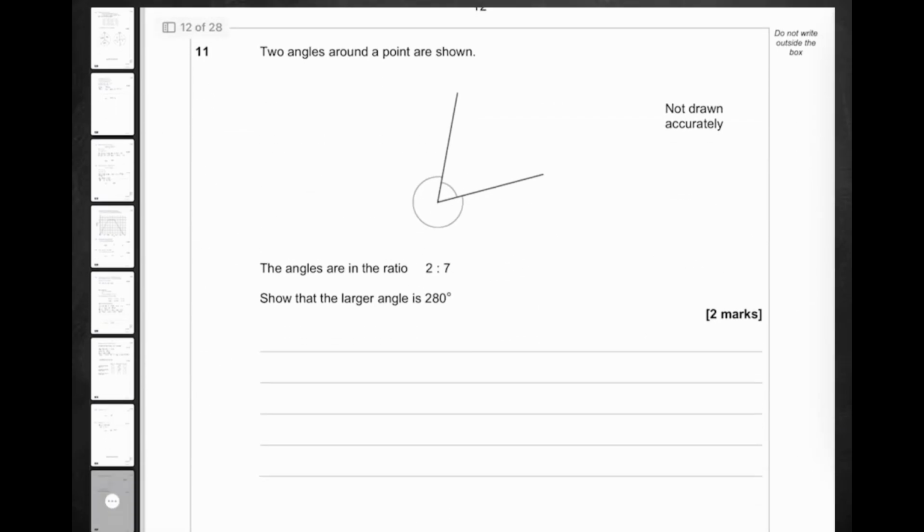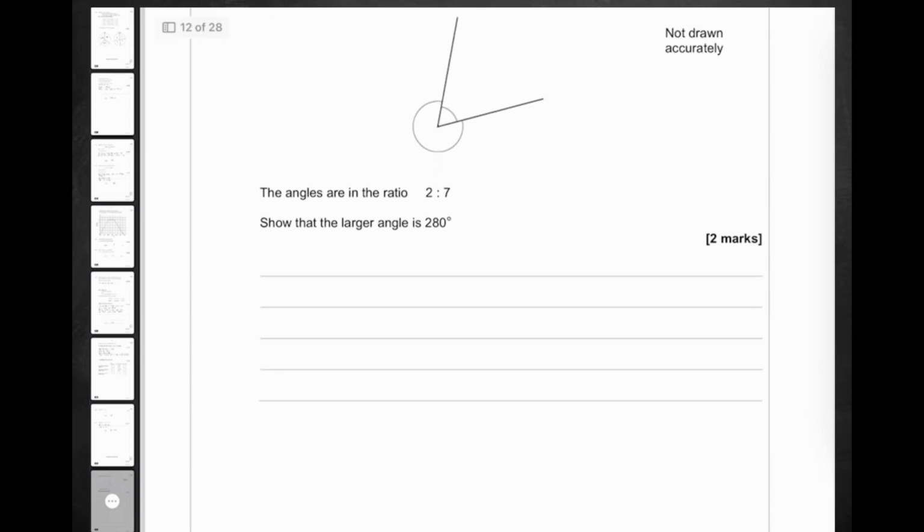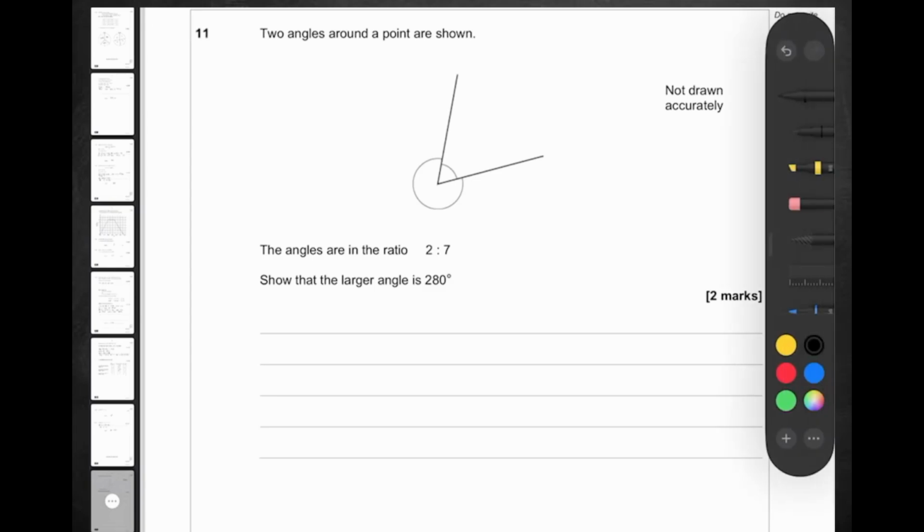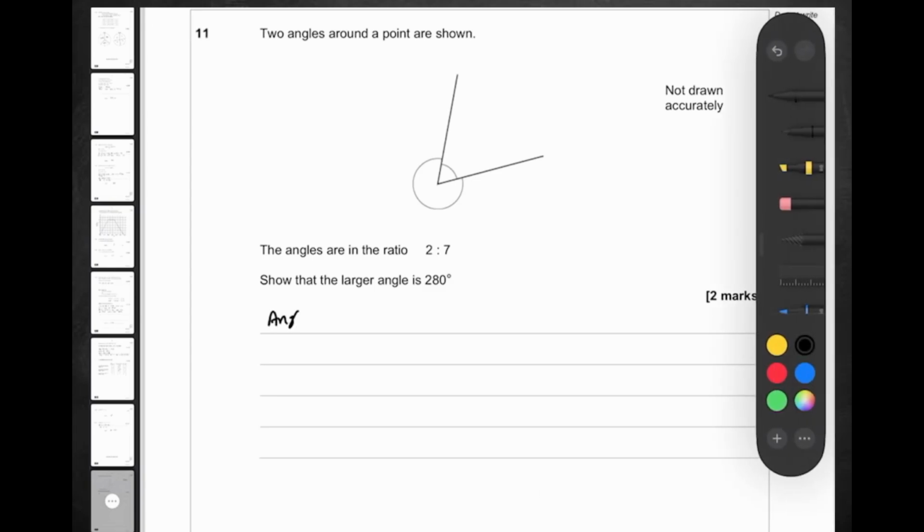Question number 11. Two angles around a point are shown. The angles are in the ratio 2 to 7. Show that the larger angle is 280 degrees. So I'll start by saying angles around a point add to 360 degrees.